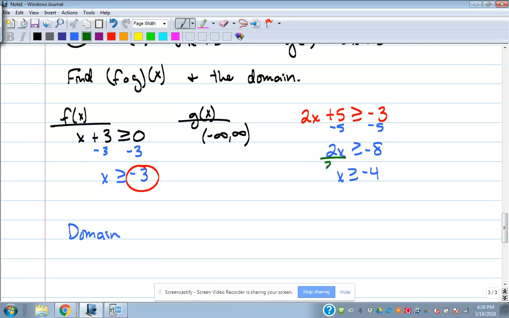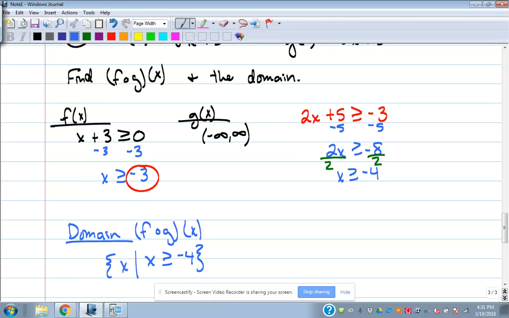That's what it is. The domain of the composite function is what? And we'll do set notation. All right. And then that's it.